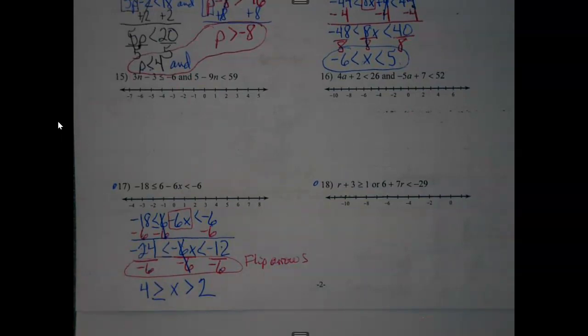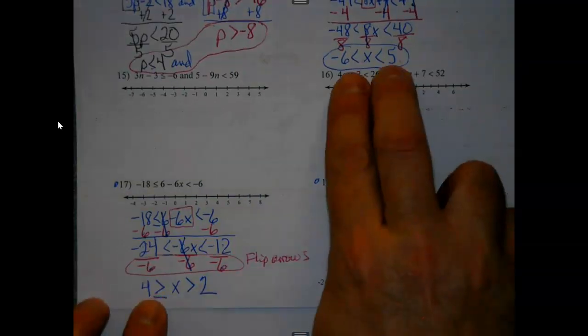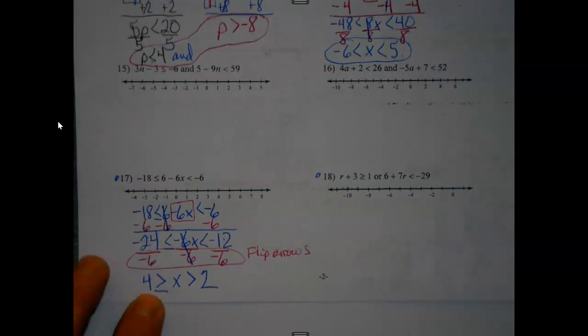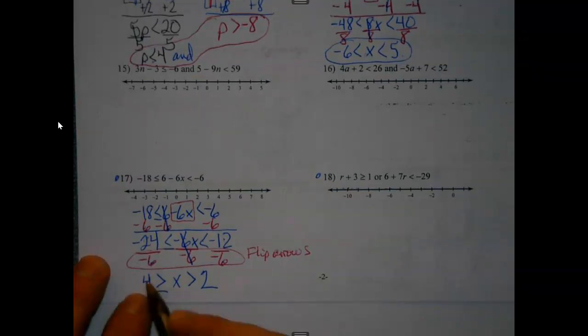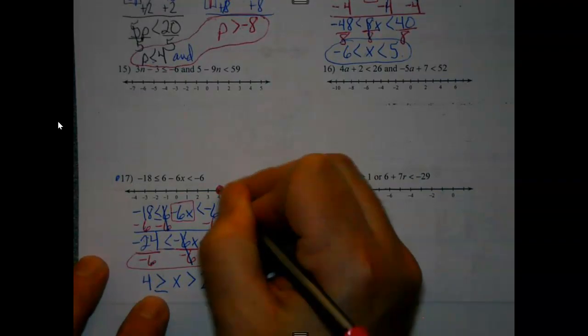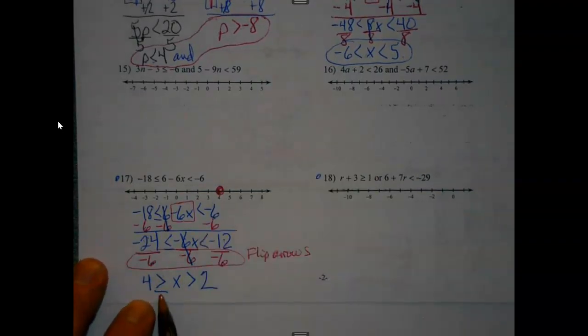You're like, oh, so is that going to screw up my graph? Because now the arrows are both going to the right instead of going to the left. Or do I do the same thing? And the answer is you do the same thing. It seems strange. It's true. So at 4, we're going to have a closed circle because it's "or equal to."